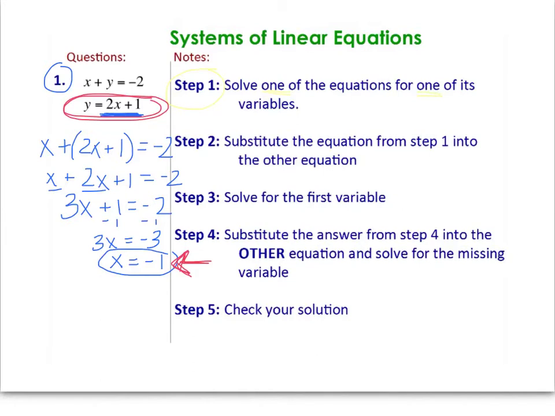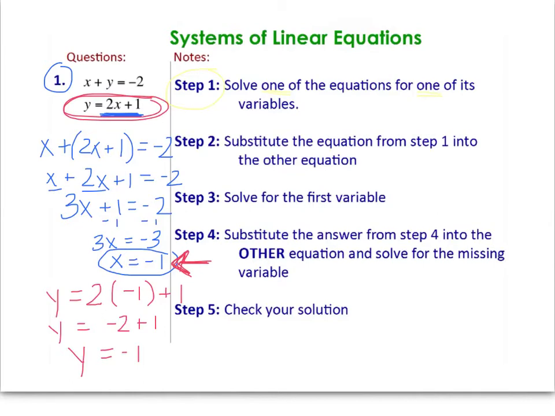So let's see what that looks like. It says y equals 2x plus 1. So 2, instead of x, I'm going to put this negative 1, plus 1. So y equals negative 2 plus 1, y equals negative 1.